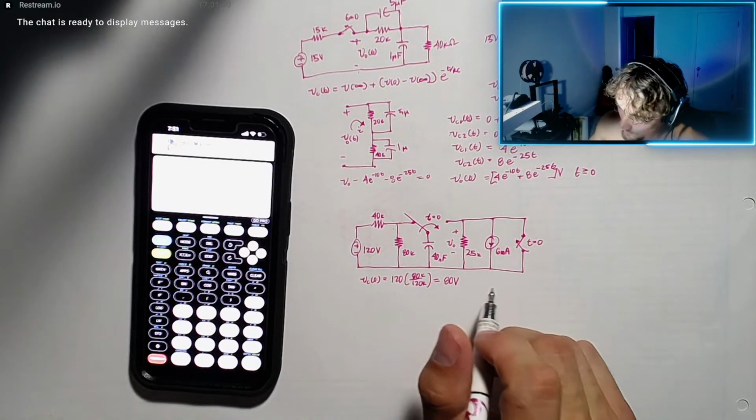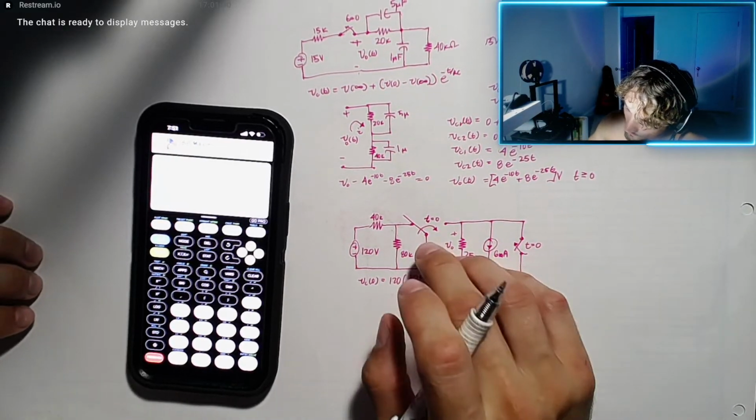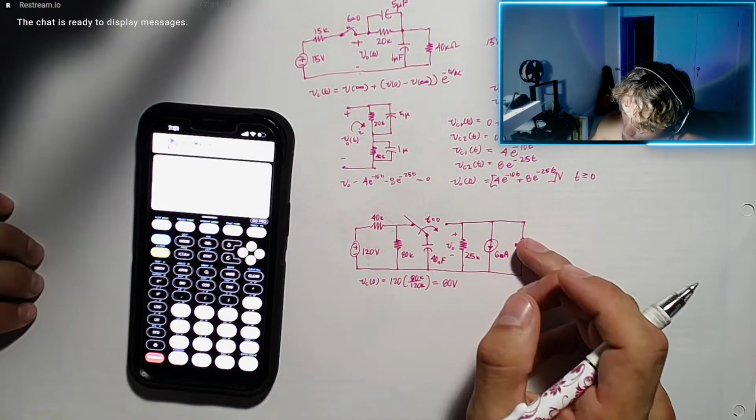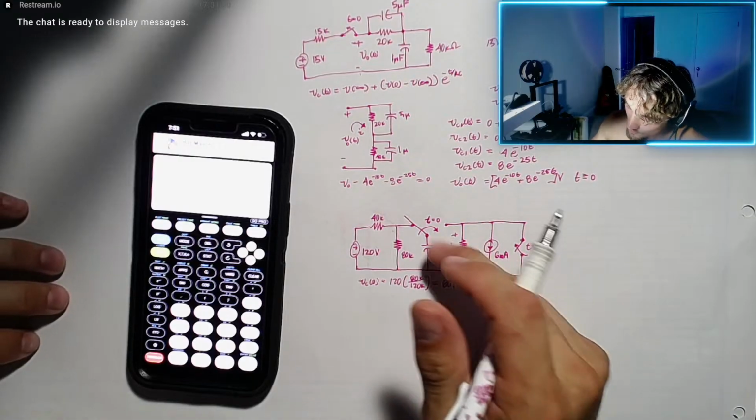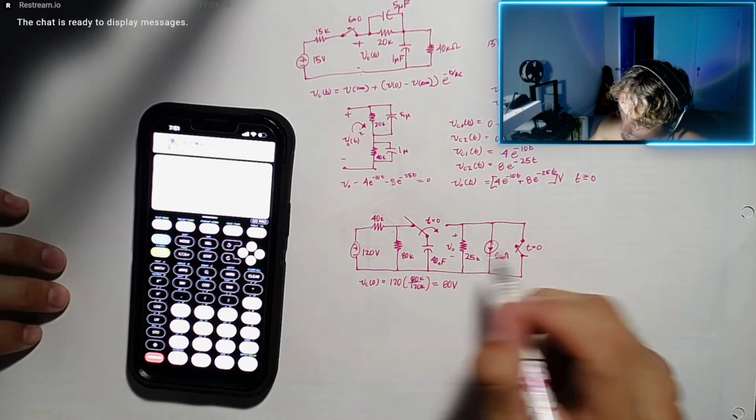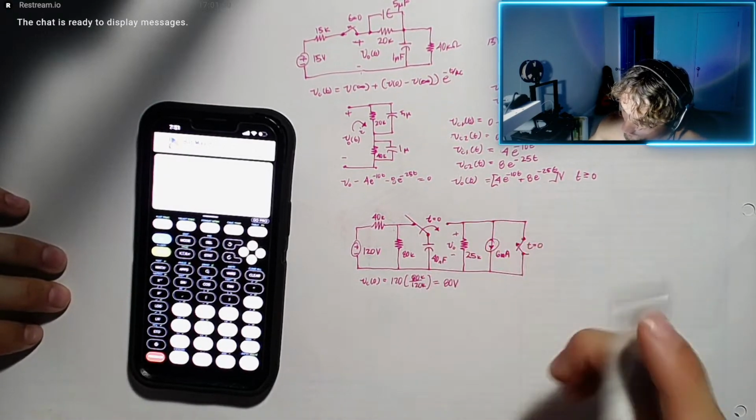Going back to our equation. At t equals 0, this switch closes and this switch opens. That was a short circuit anyways. This one closes to this side, and now we're looking at this portion of the circuit.